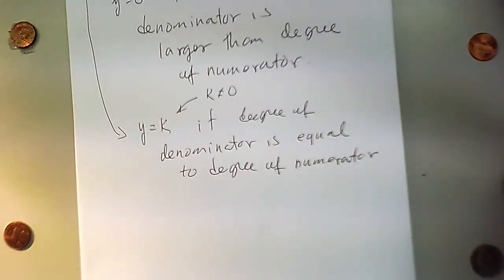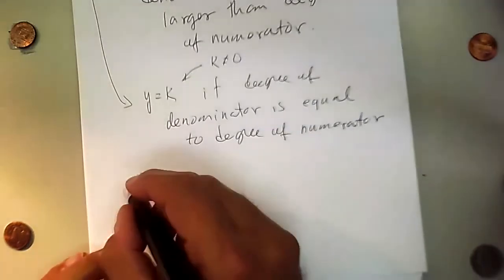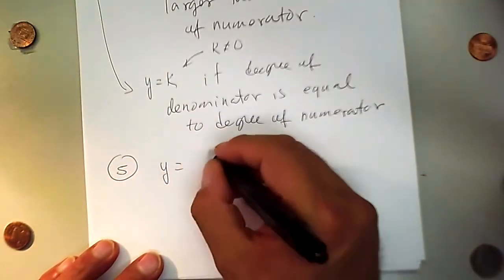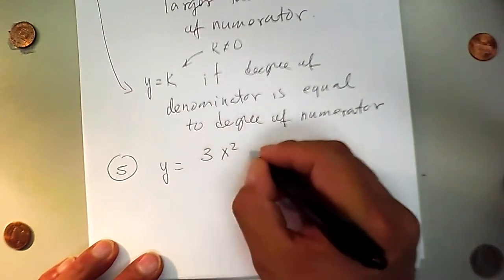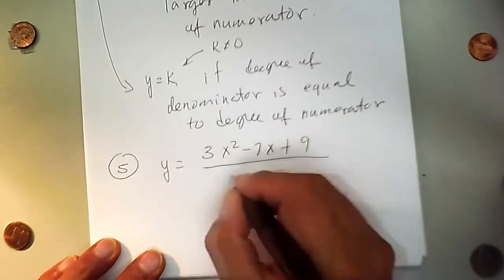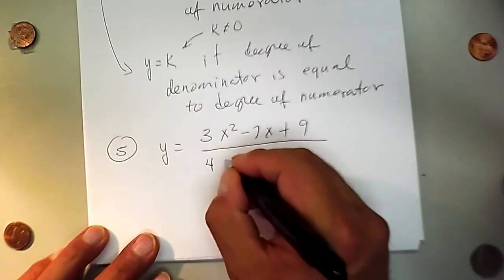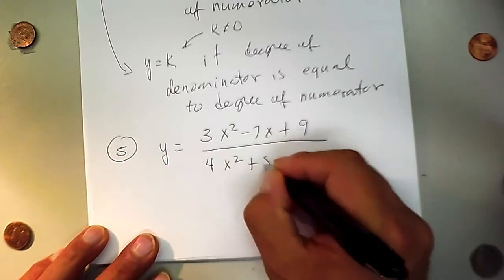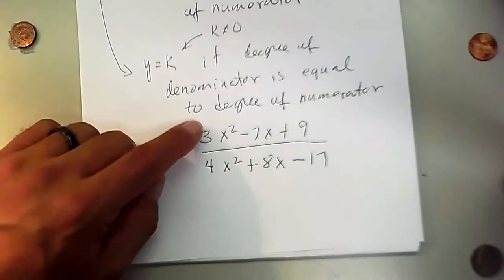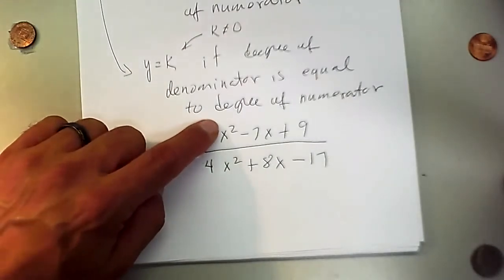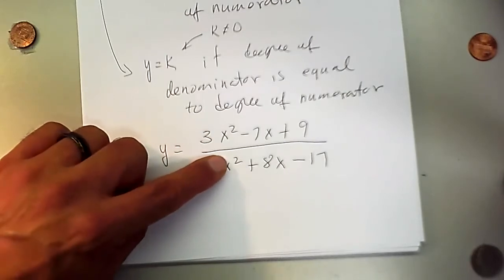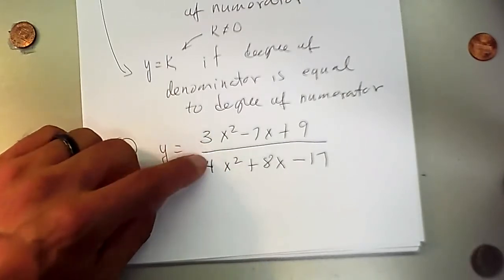Okay. Let me give you an example. Let's say example 5, y equals 3x squared minus 7x plus 9 over 4x squared plus 8x minus 17. So the degree of this polynomial is 2. The degree of this polynomial is 2. They have the same degree.